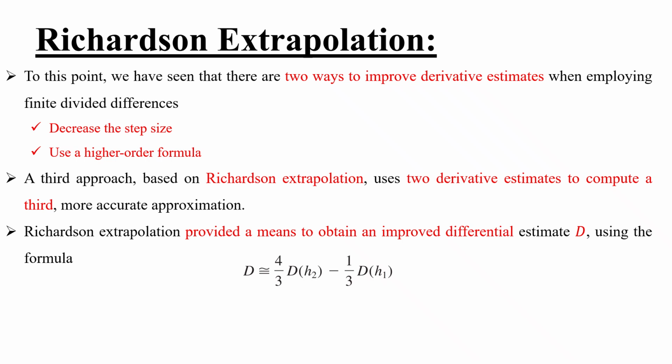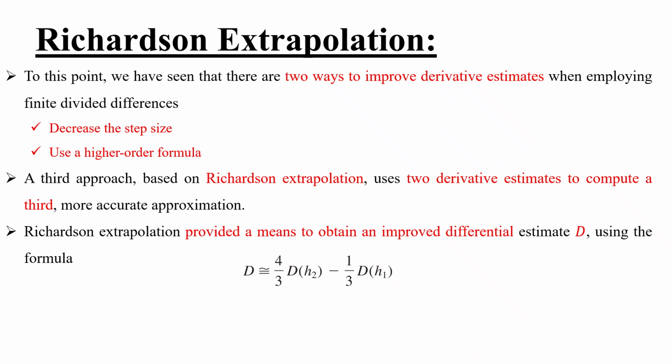How we come up with this formula is actually very easy. You calculate the central difference for h and also calculate the central difference for half of h. If you remember, we have the higher order term based on h squared, so when we halve h, it becomes 4 times smaller.